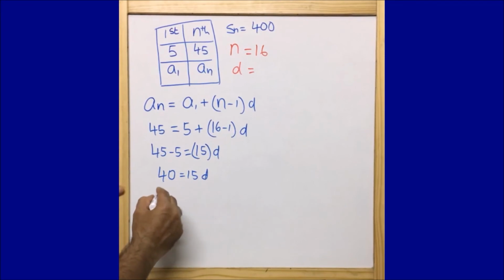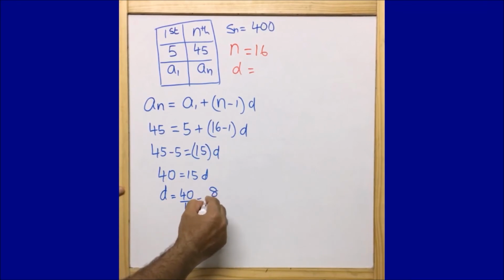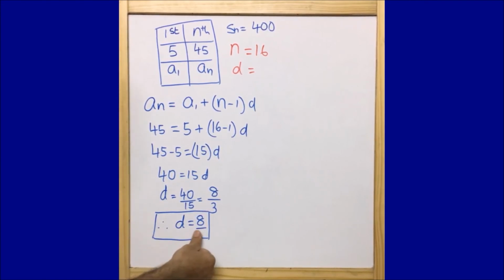Or I can say d is equal to 40 by 15. And 5 eights are 40, 5 threes are 15. Therefore, d is equal to 8 by 3. That's all, guys. We are able to calculate the value of d as 8 by 3.